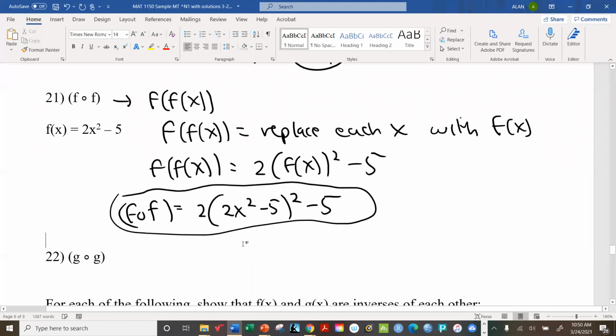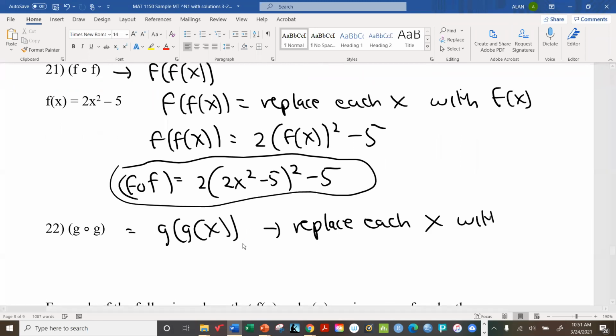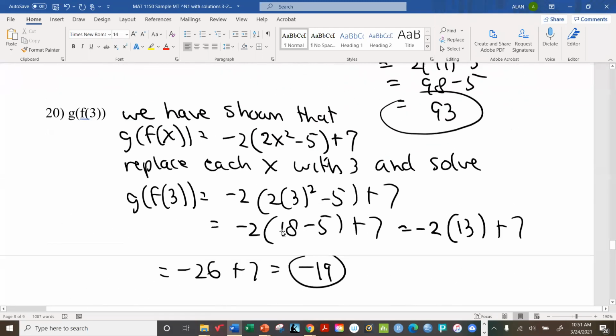All right, now g of g, you can see this functional notation simply means g of g of x. And so what this means is replace each x with g of x. So let's go back and revisit g of x.